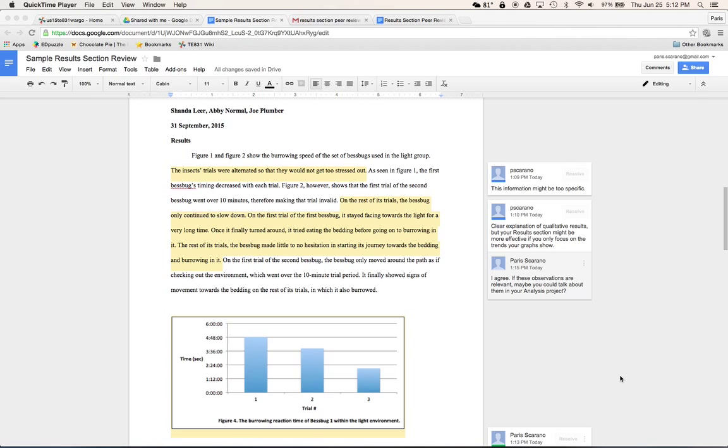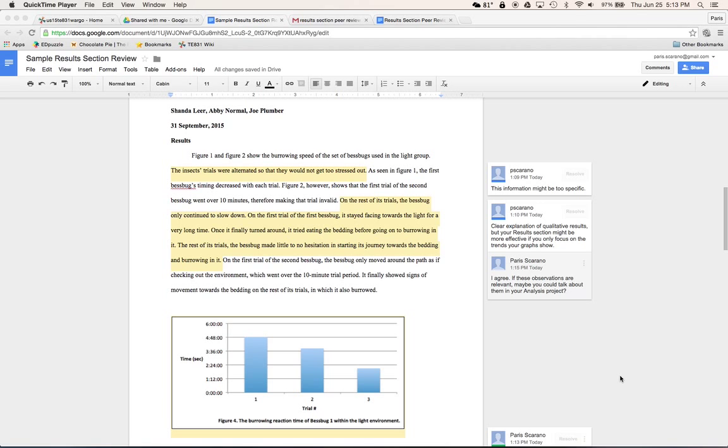I hope that it will be easier for students to notice issues with content and formatting when they're looking at other people's papers rather than just focusing on their own paper, because they're so connected to their own paper they might not notice things that they could have improved. But when they look at other papers, and they're going to be looking at a couple of different papers, they may get a better sense for things that stand out in terms of improvements that could be made.